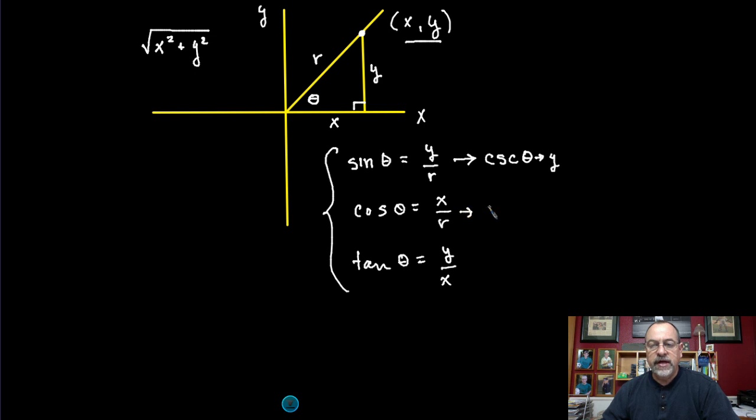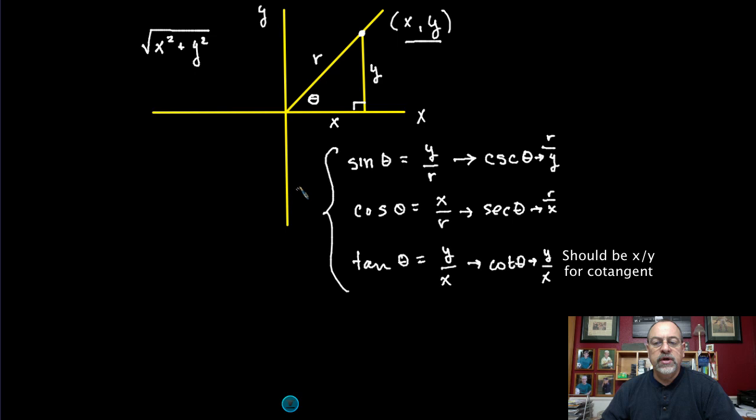The cosine and therefore the secant, which is its reciprocal, is related to the x. And then the tangent and the cotangent, by its reciprocal, would be related to the x and the y. Cotangent here would be x over y. So this would be r over y and this would be r over x.